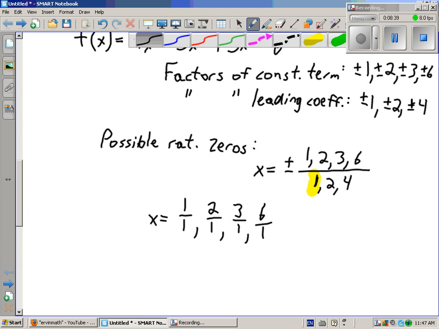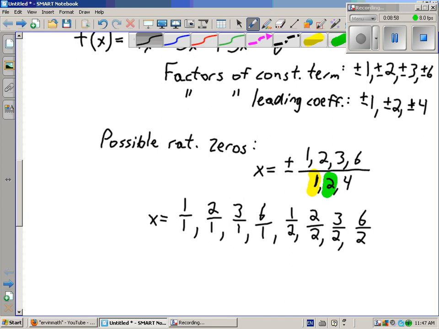All right, next up, we'll try everything over the 2. That's going to be 1 over 2, 2 over 2, 3 over 2, 6 over 2.